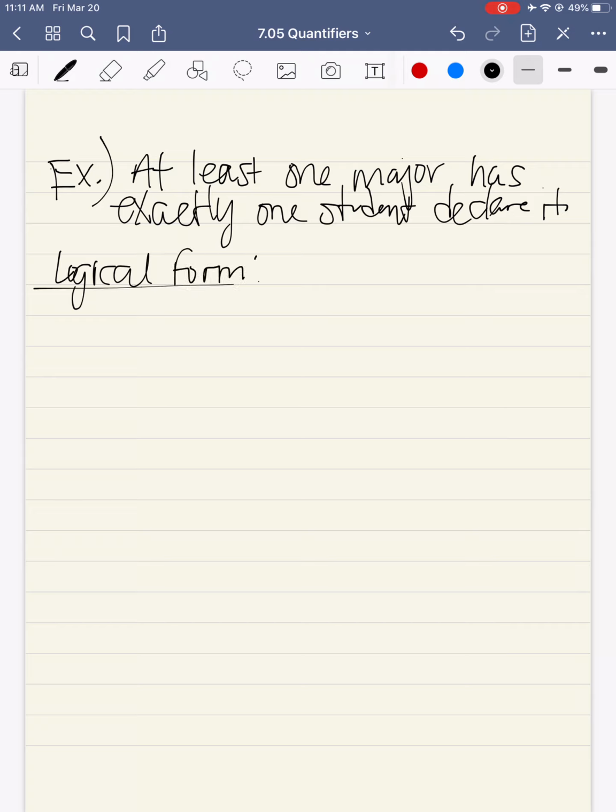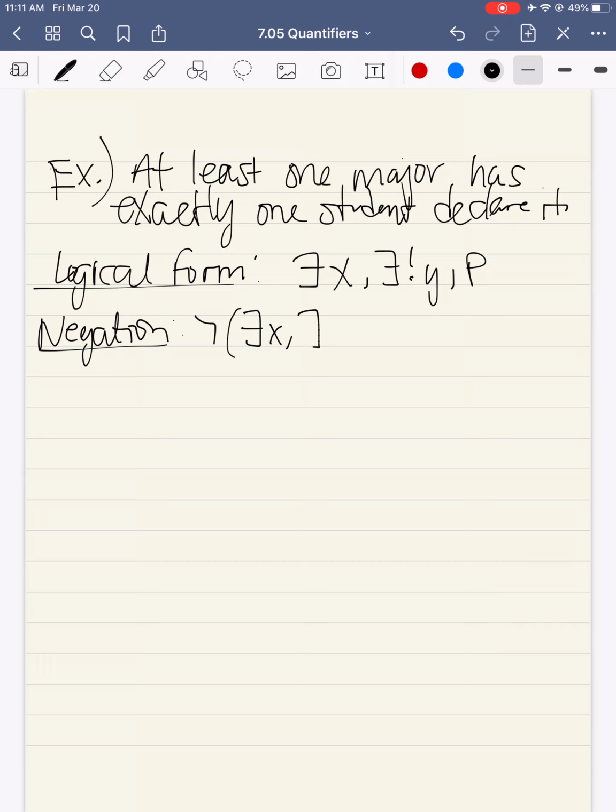So at least one major, so there exists x, exactly one y, P. So that's our logical form. When we are going to negate this, let's again just rewrite our statement here, just so that we know what we're negating. It kind of works like a distributive property. So I'm essentially distributing the negative to each of these inside terms.